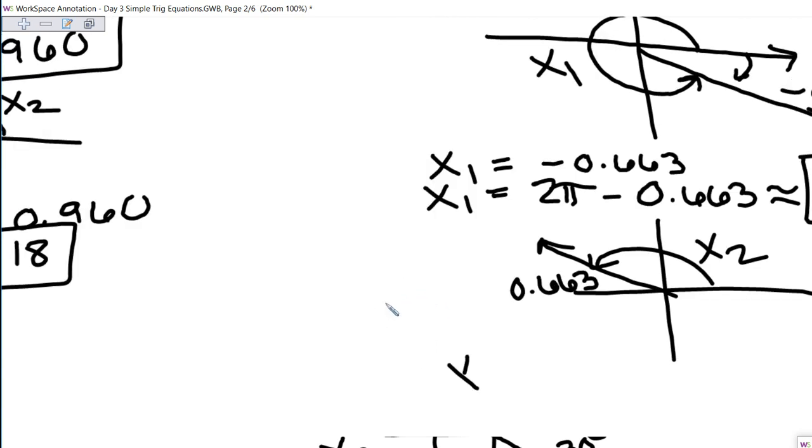Yeah, for x2, it's going to be pi minus 0.663. And that would be approximately what? 2.48. That's it? 2.486.